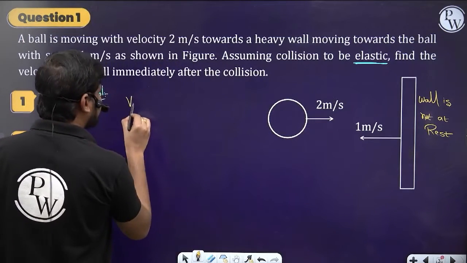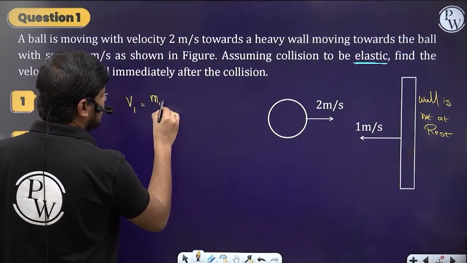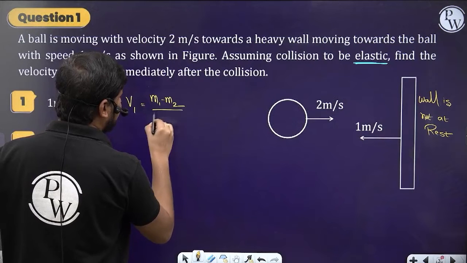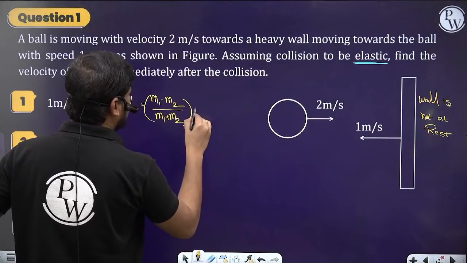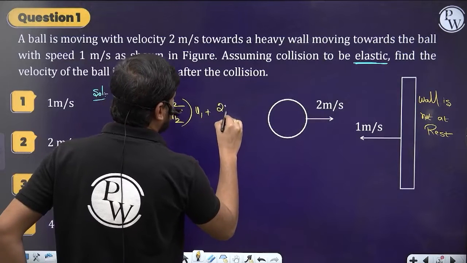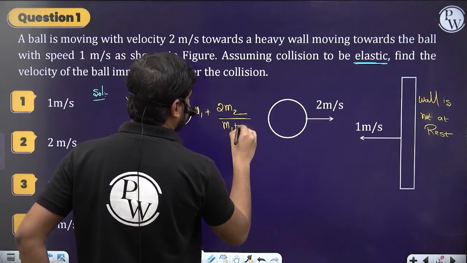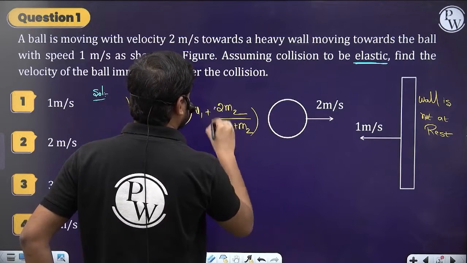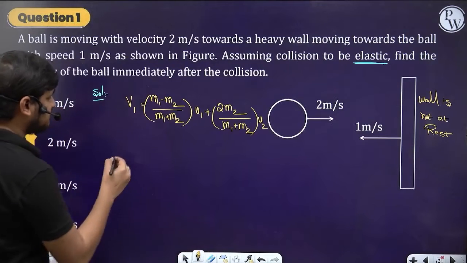What's the v1 formula? v1 is equal to (m1 minus m2) by (m1 plus m2) into u1, plus 2m2 by (m1 plus m2) into u2. Clear this part? This formula we already know. So we just simply substitute the values.